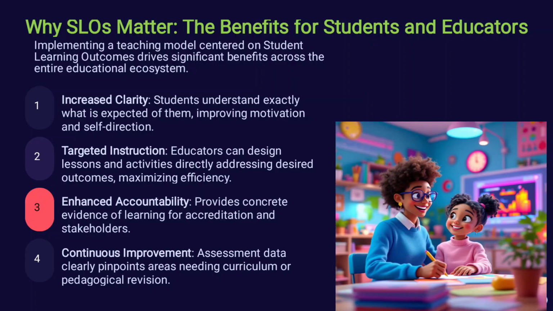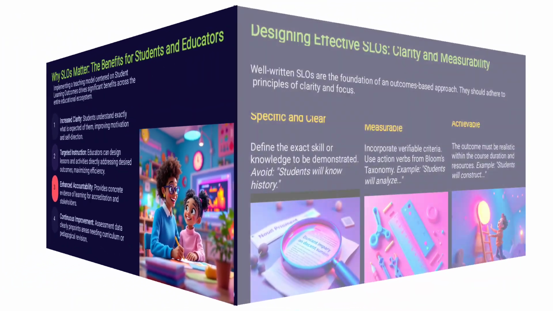It provides concrete evidence of learning for accreditations and stakeholders. And the fourth one is continuous improvement. Assessment data clearly point out areas needing curriculum or pedagogical revisions and improvements.